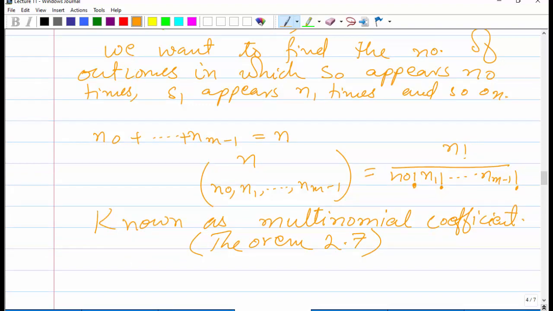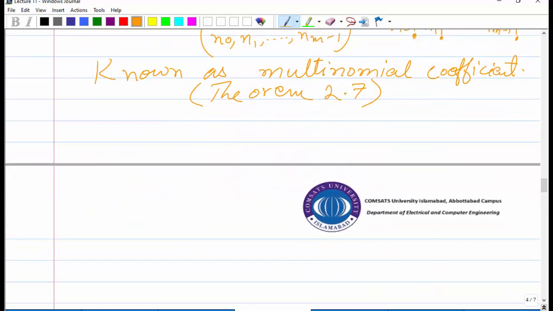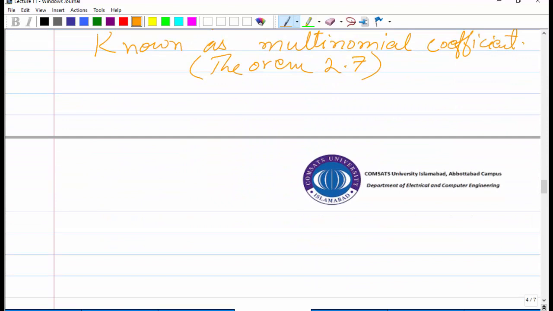So we can write the definition for this multinomial coefficient as we have written for the binomial coefficient in the last lecture.